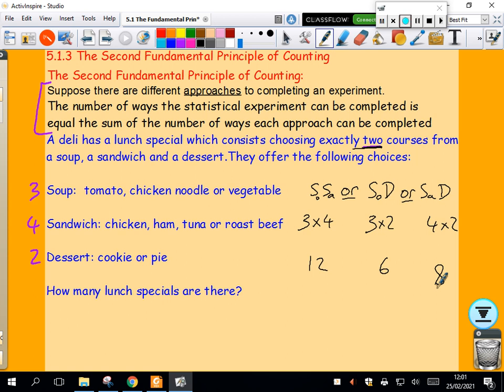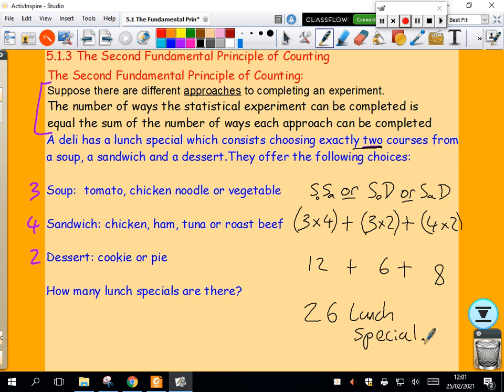Well, I can complete the experiment in 12 ways, or in these 6 ways, or in these 8 ways, and it should logically make sense that we're just adding them all together. So there must be 26 different ways that I can choose a lunch special.